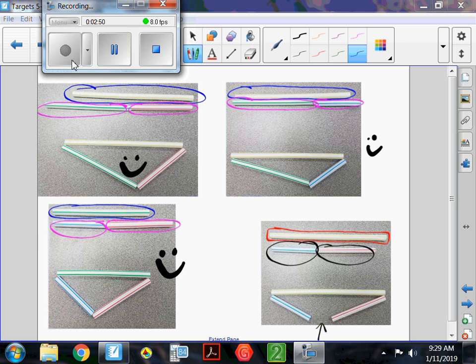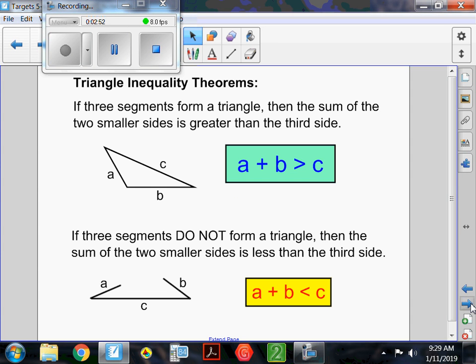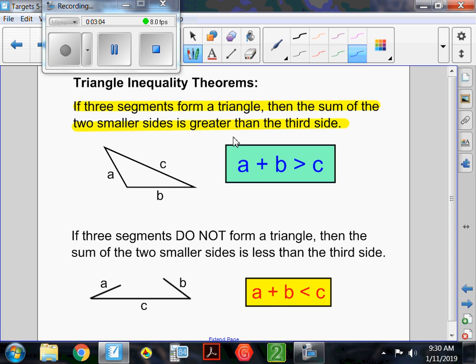So that leads us to the triangle inequality theorem. The triangle inequality theorem states if 3 sides form a triangle, then the sum of the 2 smaller sides is greater than the third side. So for the purposes of our class, C, just like in the Pythagorean theorem, is always going to be the largest side when we're having this type of discussion.